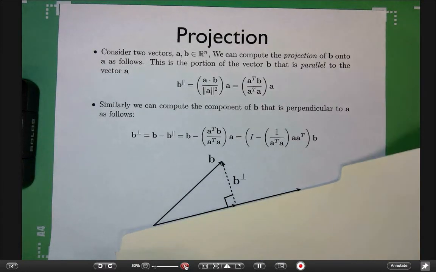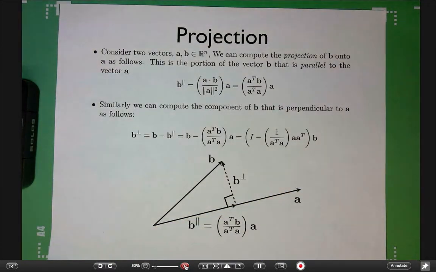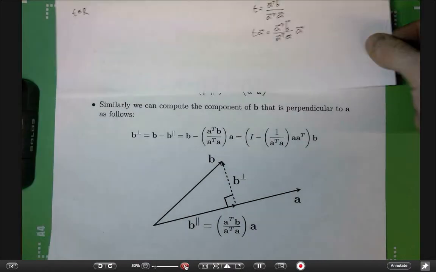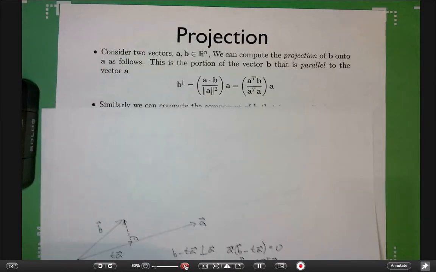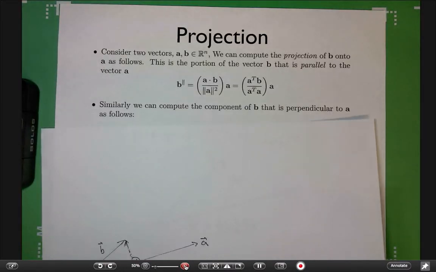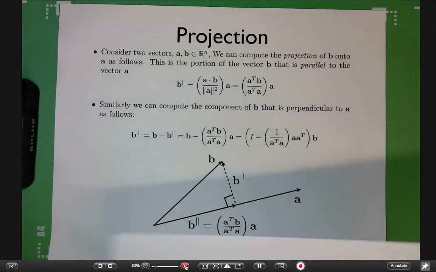It's one way you can think about it. And what I just derived, you can compare. It's the same as this formula, except that it doesn't fit there. aTb divided by aTa times a.